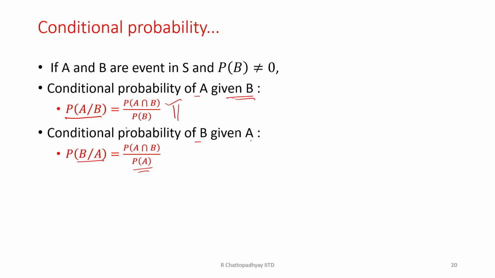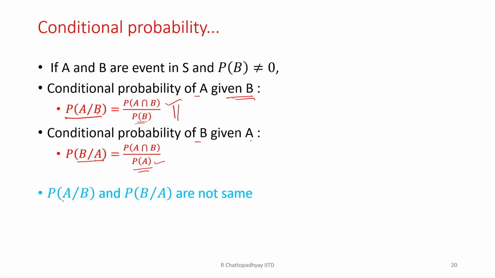So this formula one has to remember how to write it. P of A given B or P of B given A is written like this, where the numerator in both cases remains the same, the denominator changes. So for probability of A given B, P(B) will come at the bottom, the denominator. Similarly, for B given A, P(A) will come in the denominator. This is how you should remember.